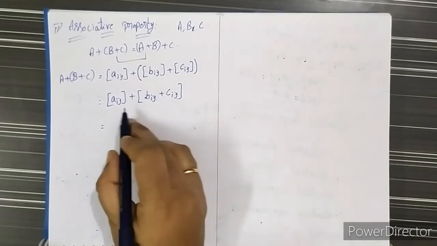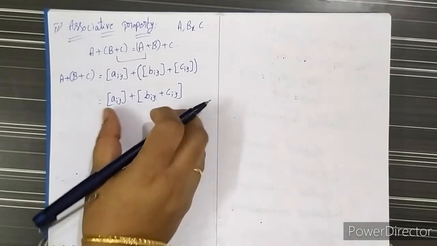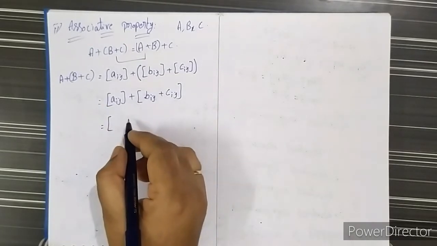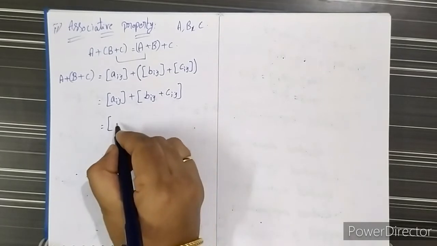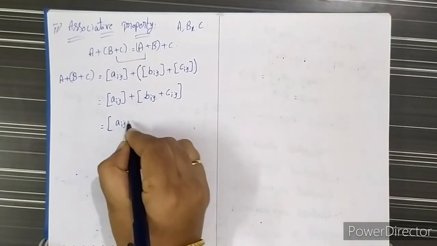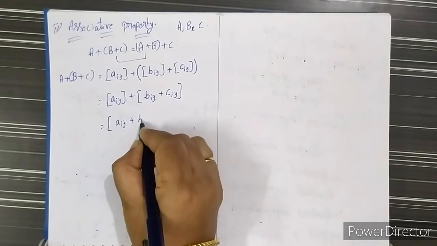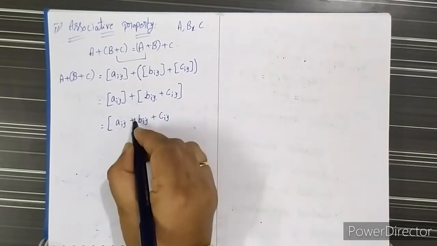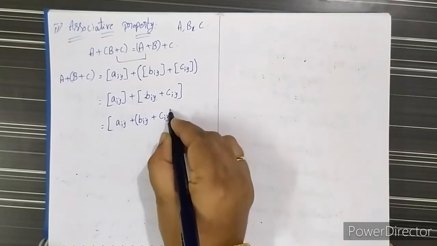That equals, in the same way using the addition of matrices, Aij plus Bij plus Cij. This is the addition.